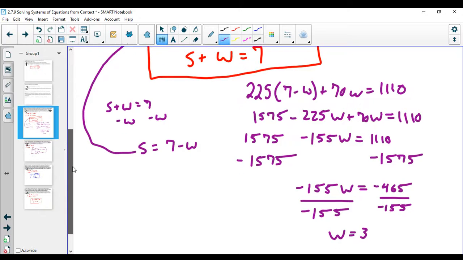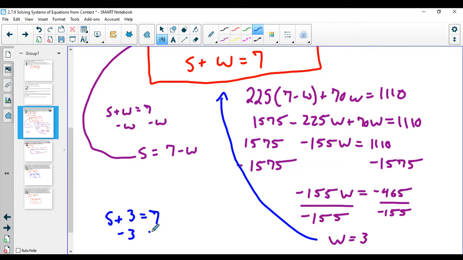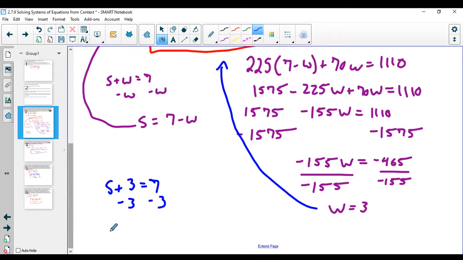And so after we just do all that math, that's just substitution, we get that we have 3 wings. And you remember we have to plug it back in to find the other one. So I think that bottom one is definitely easier, right? S plus W equals 7, or S plus 3 equals 7, subtract 3, we get S equals 4.